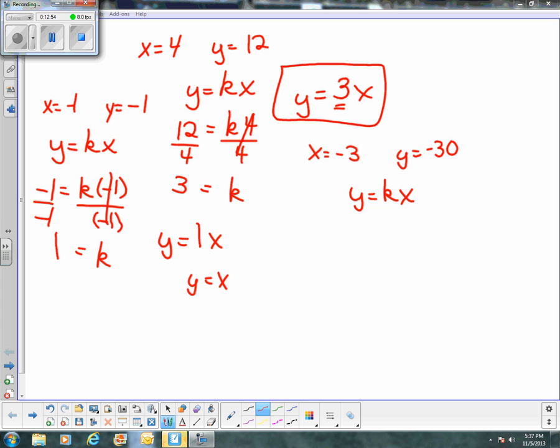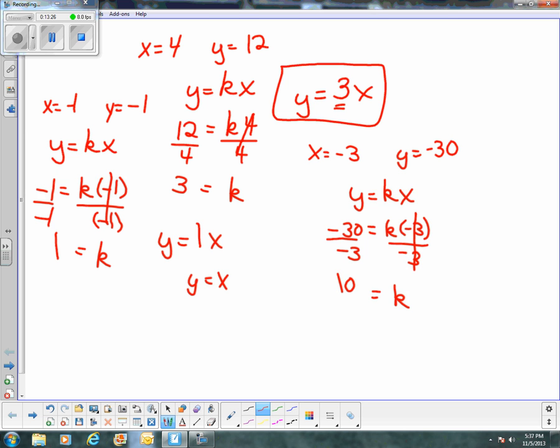We're going to substitute for x and y. -30 equals k times -3. To isolate k, we're going to divide by -3. Those cancel. That leaves k. And over here, we have 2 negatives. That means it's positive. 10 equals k.